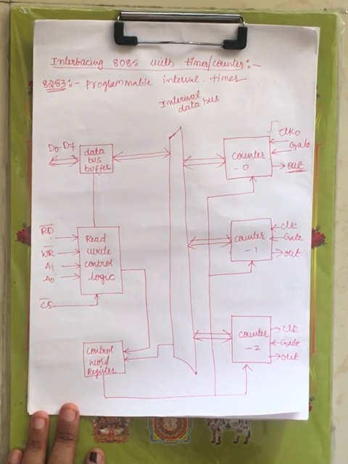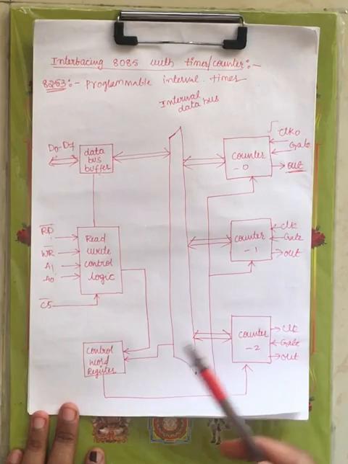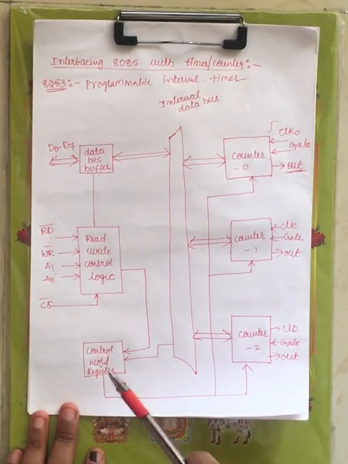Chip select gives the information whether the 8253 is ready for communication with the processor or not. When chip select is logic 0, it indicates 8253 is ready for communication. When it is 1, it is not ready for communication with the microprocessor.